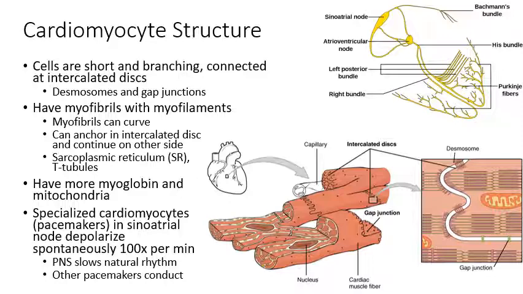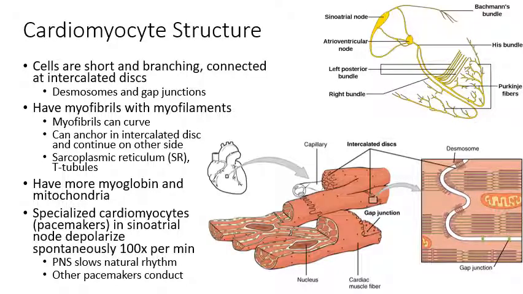So muscle cells contain contractile proteins that are arranged into myofibrils in order to contract, and heart cells do as well. So they also have myofibrils with myofilaments. They have the same myofilaments in them. It has the same arrangement as with skeletal muscle cells, and the contraction is basically occurring in a similar way. One of the differences is that your myofibrils in the cardiomyocytes can curve.